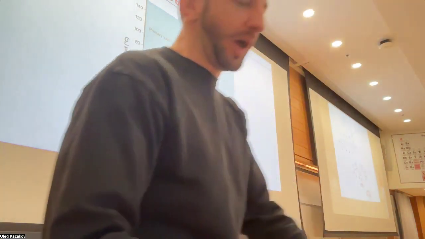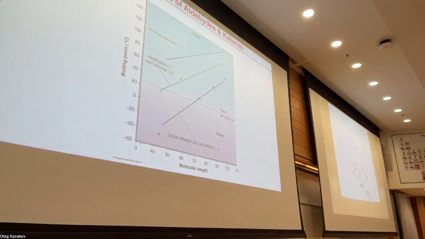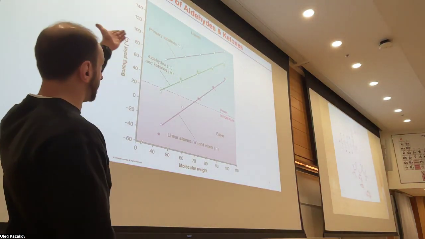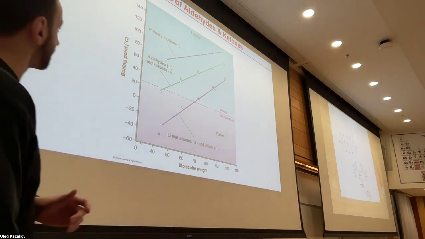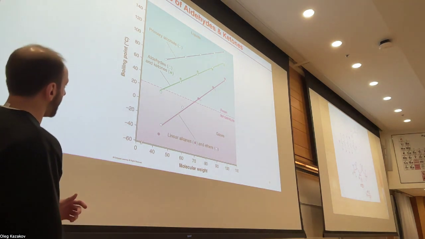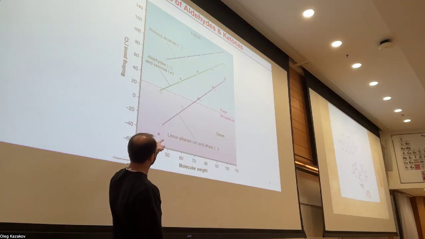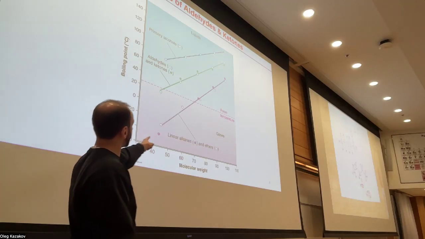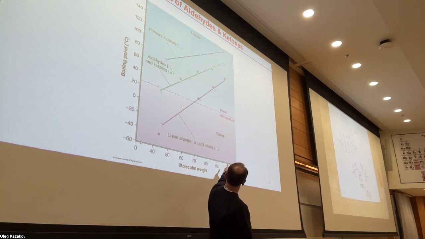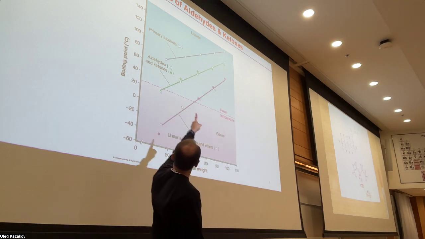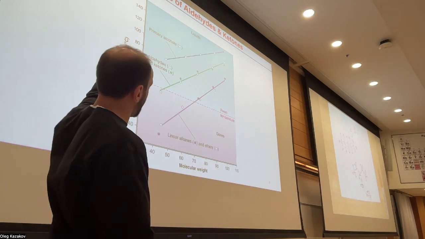What else? This is another trend, showing how the boiling points of alcohols compare with alkanes. For alkanes, you have to have a huge molecular weight, maybe 100 or so, to get to a boiling point of about 80 Celsius.